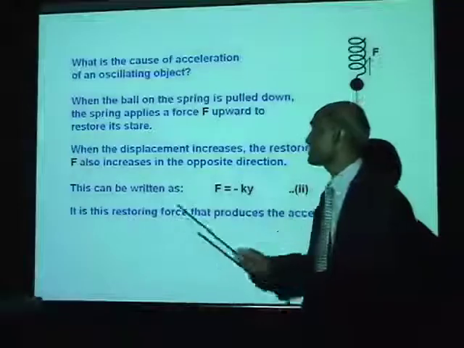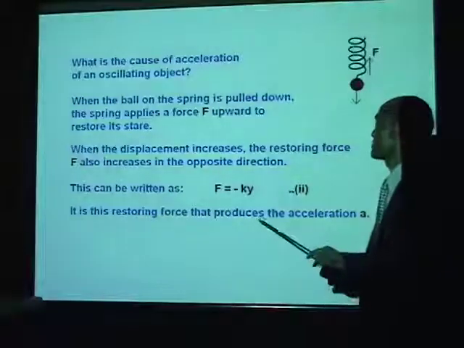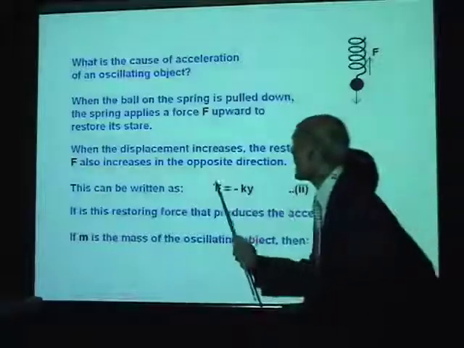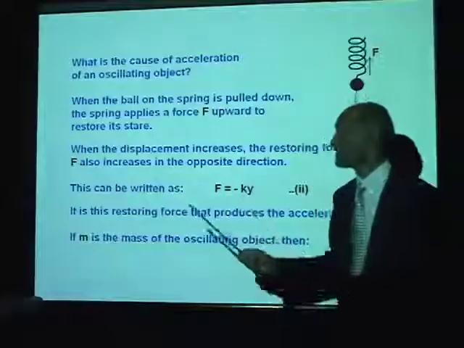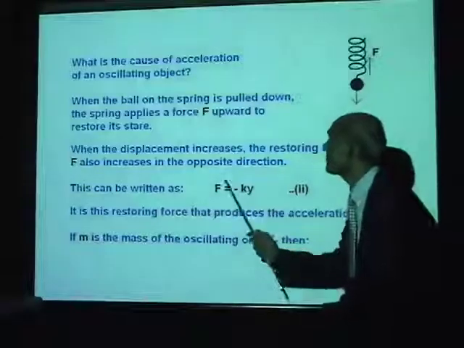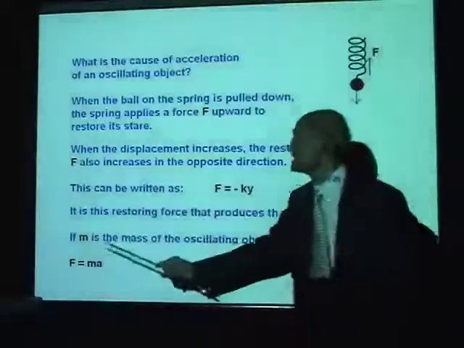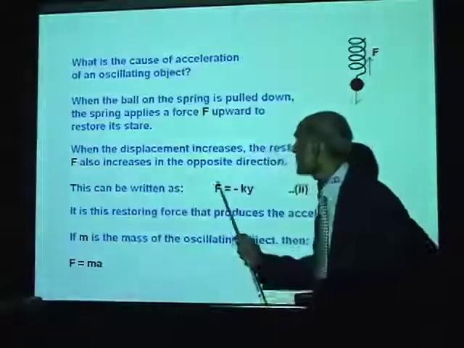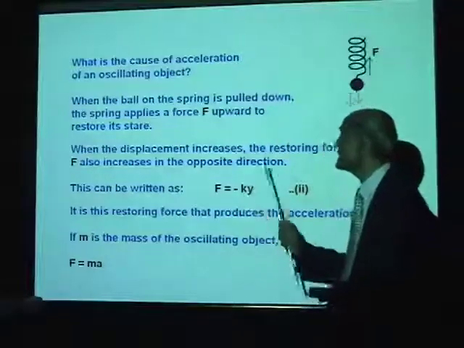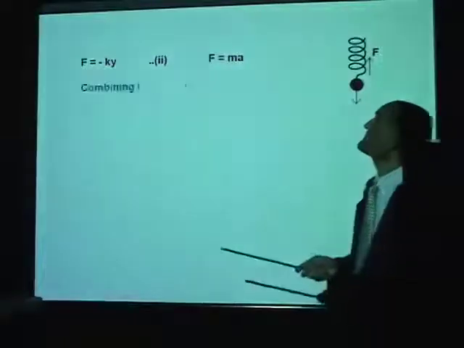Alright, now it is this restoring force that produces the acceleration a, and therefore I can now write, you know, that if m is the mass of the oscillating object, then that F will be equal to ma. Is that right? So if this F equal to ma, I can now write ma equal to negative ky.